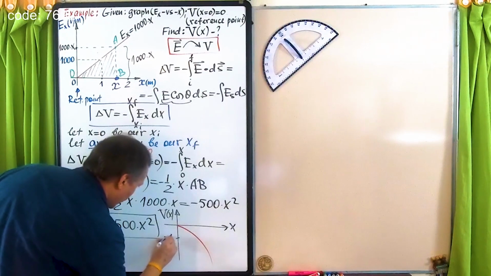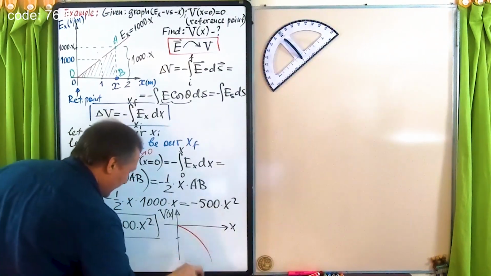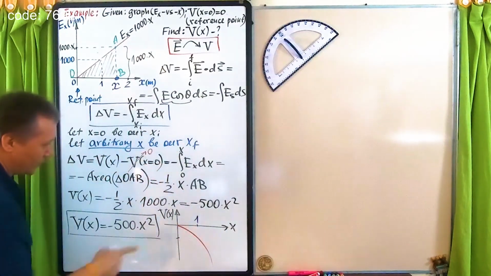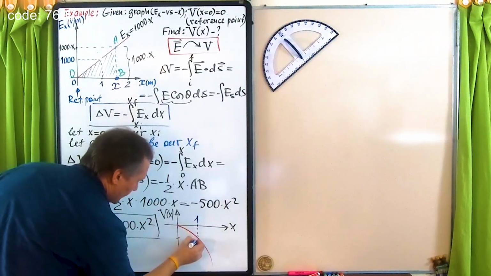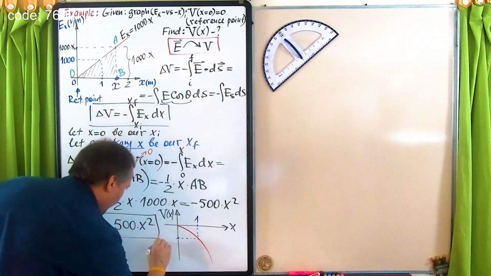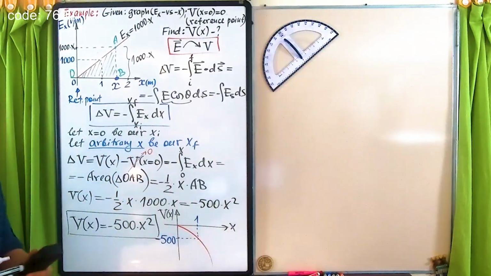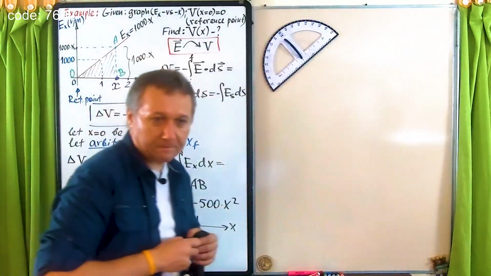Let's say this is point 1 meter, and this is minus 500 volts. So it's a parabola with a branch down.